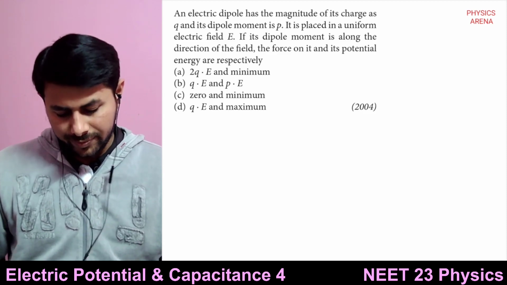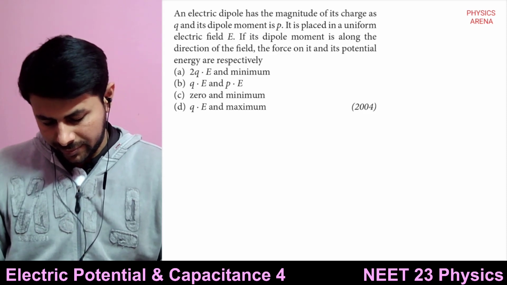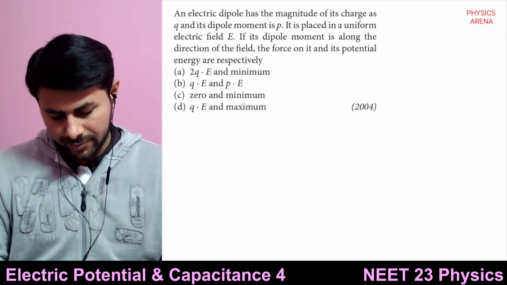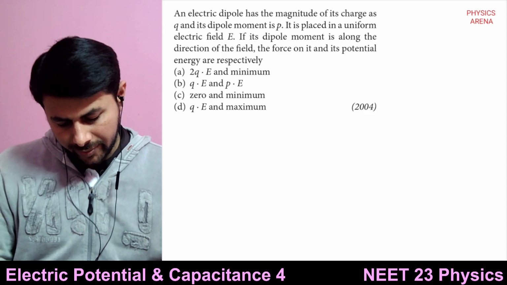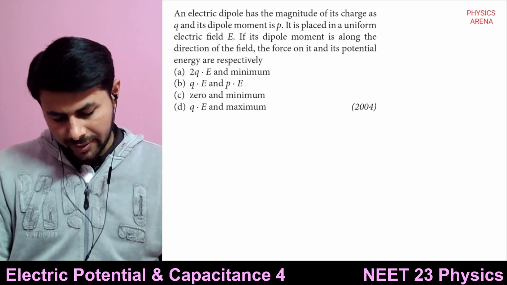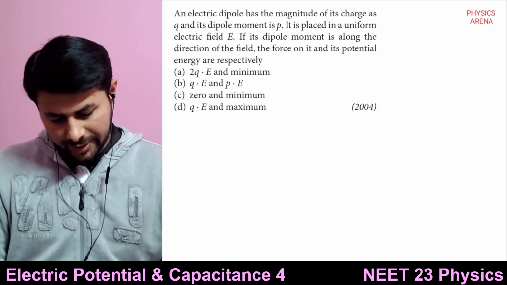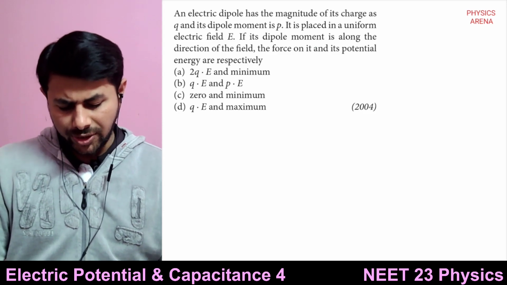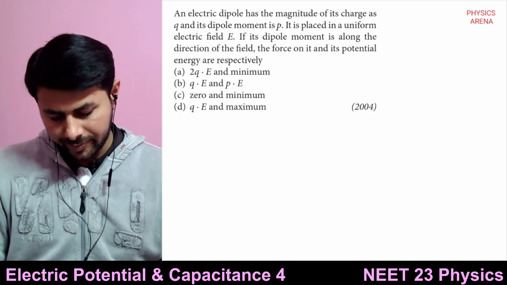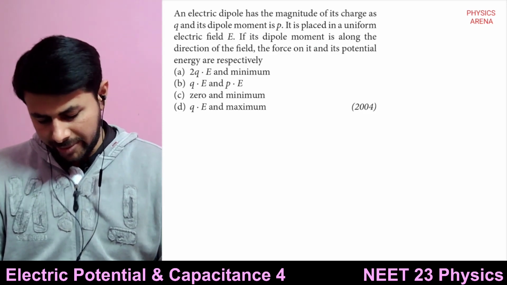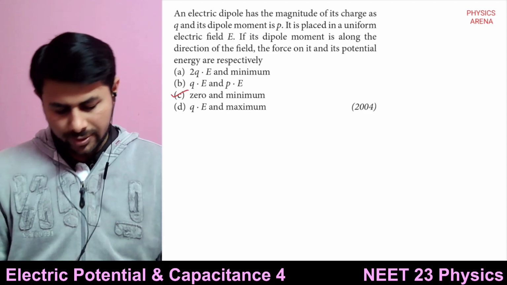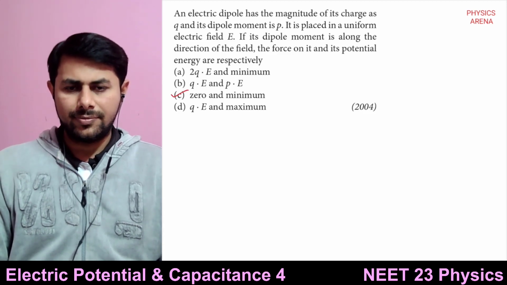Force will be zero, right? And since it is in direction of the field, the potential energy will be minimum. So option C is the answer.